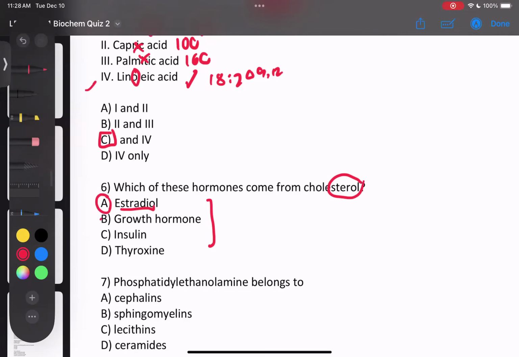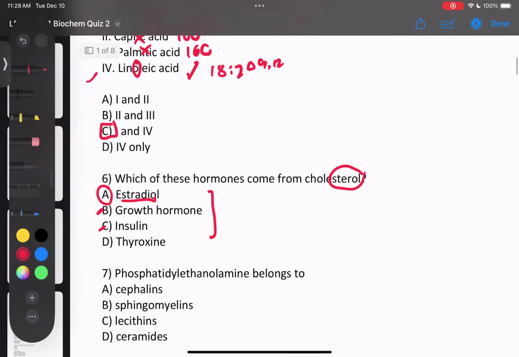Whereas growth hormone, borrowing a little from your pharmacology lessons, you should know that it's one of our pituitary hormones. And all pituitary hormones are peptides. Insulin is a peptide. That's exactly why I mentioned it with other proteins like keratin in our hair and collagen of our skin when I was covering proteins, right?